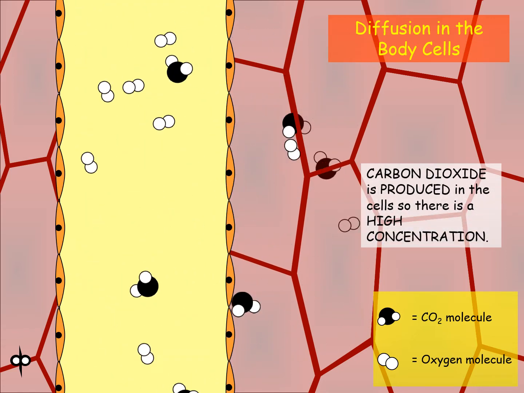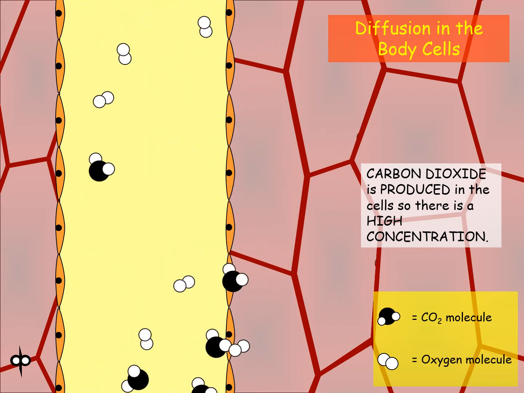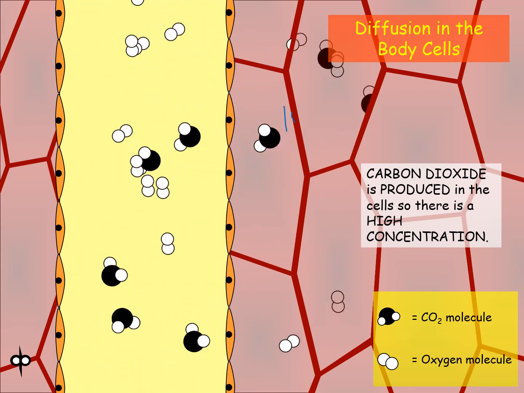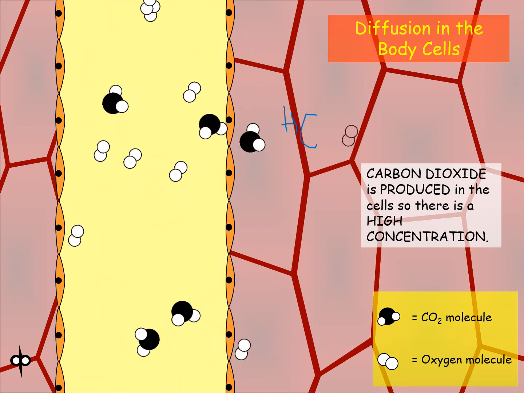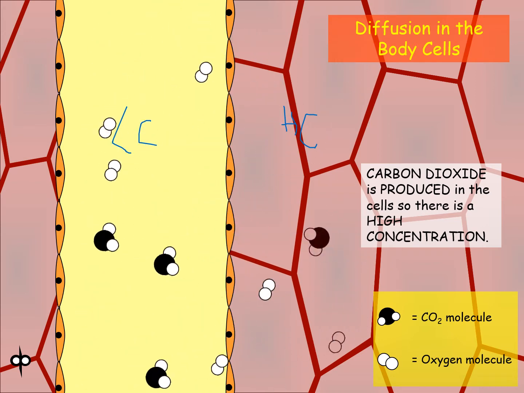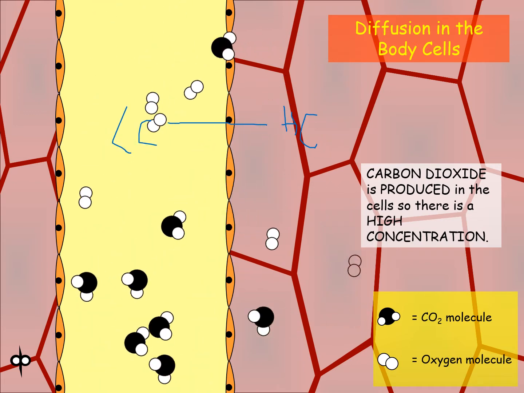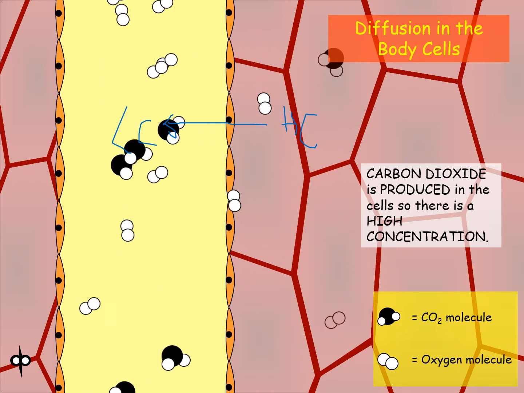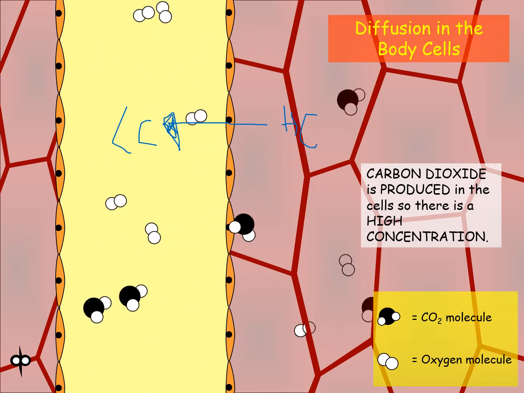So the carbon dioxide is produced in the cell, so there's a high concentration. So we've got our high concentration of carbon dioxide this time in the body cell, and we've got our low concentration in the capillaries. So the carbon dioxide is going to move from the high concentration in the body cell to the low concentration outside, well, in the capillaries, outside of the body cell.